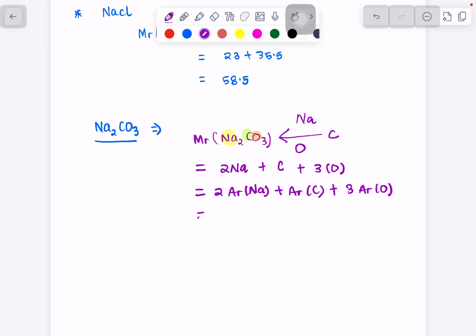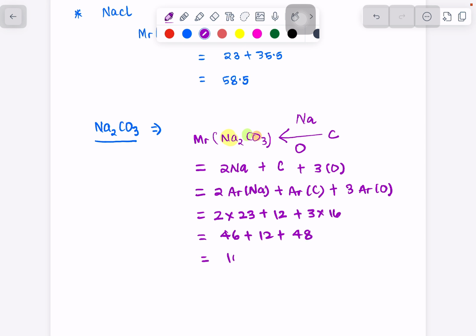Then you use the periodic table to put in the relative atomic masses to calculate the relative molecular mass. Na is 23, carbon is 12, 3 times 16. So it's 46 plus 12 plus 48.